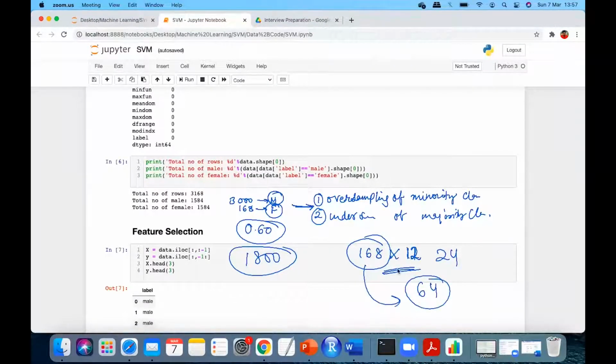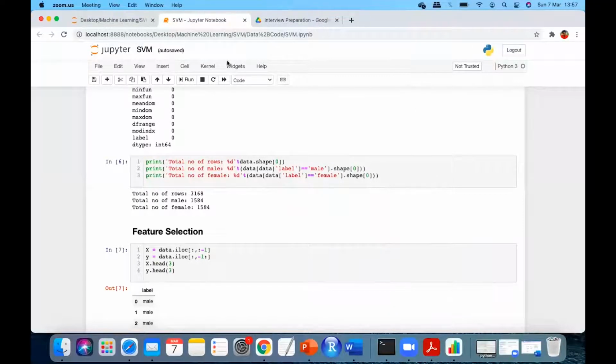So we don't repeat the whole thing: we randomly select 64, and I repeat it 24 times. Got it? You got it? Yes or no? But for now, it is exactly 50%, so we need not worry about minority and majority class.